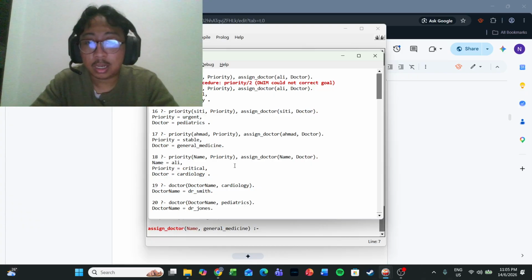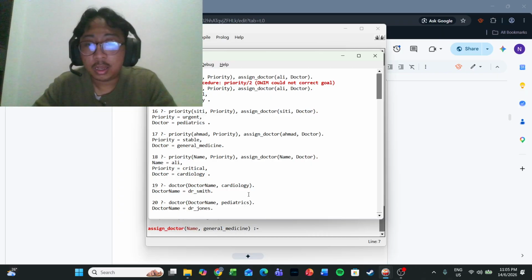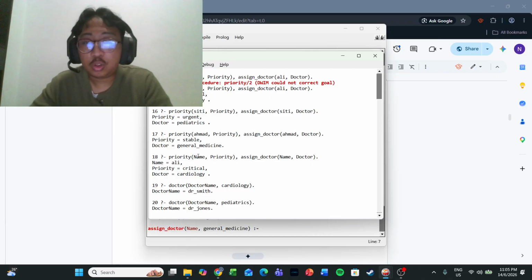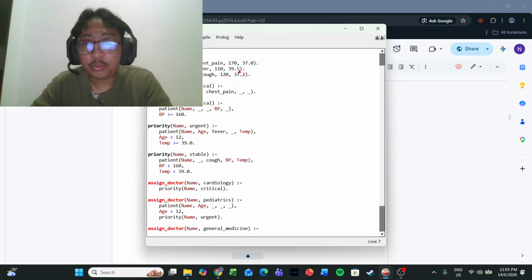So the fourth test case scenario is, as you can see, priority name and then assign doctor name. Since in the query I put a placeholder name, automatically it will look at the first patient that I put in. So it will assign the placeholder name to Ali, since that's the first patient that I put in.